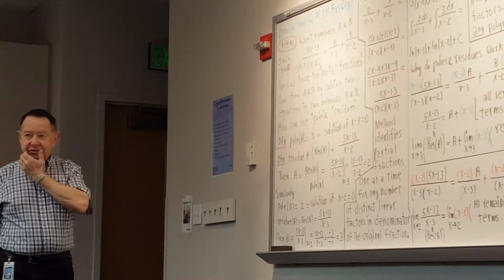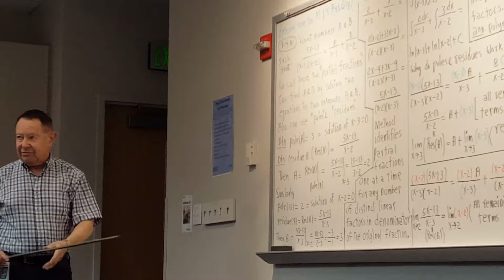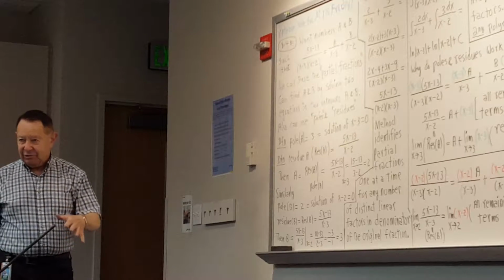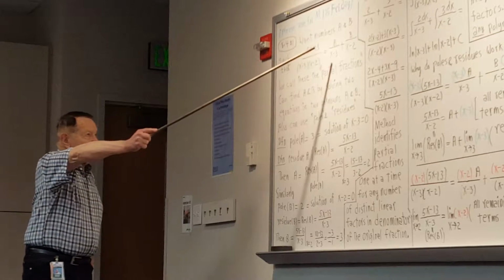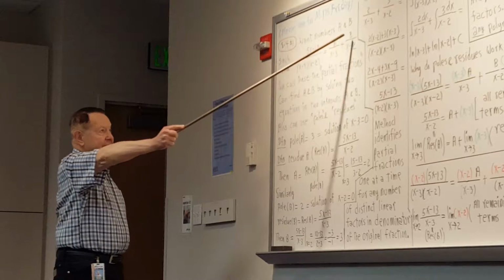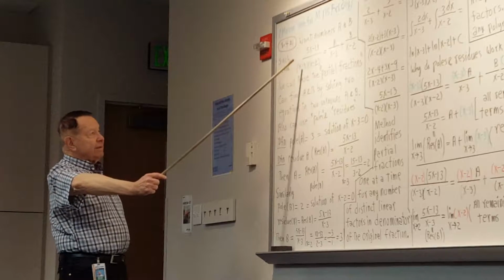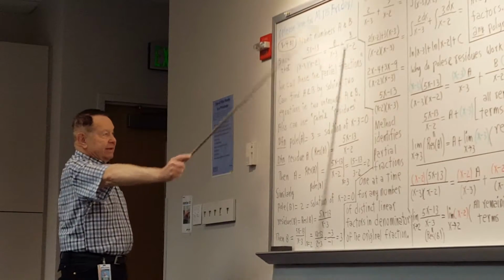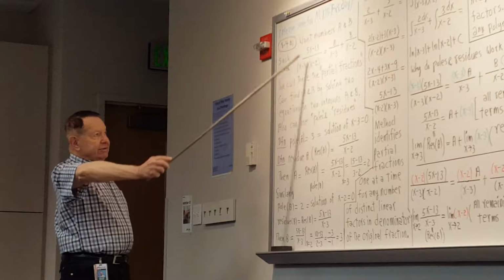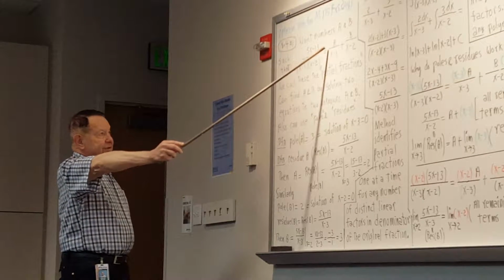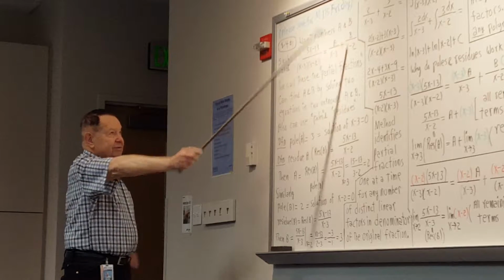The reason for doing this from the standpoint of this book and this class is that if you can find the correct numbers here for A and B so that this would be an identity, then if you were trying to integrate this, you could say it's this integral plus this one.